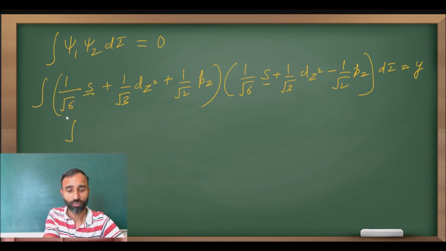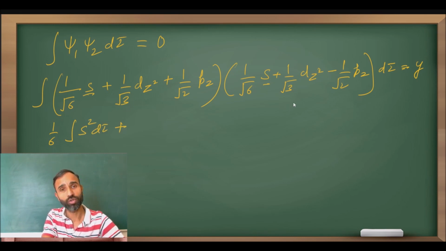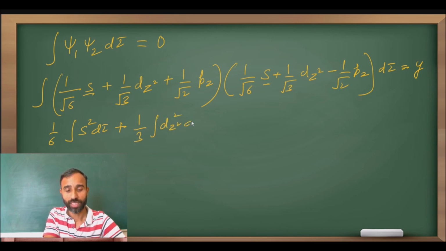So in the first, 1 by under root 6 s times 1 by under root 6 s, it comes out to be 1 by 6 s square d tau, plus 1 by under root 3 times 1 by under root 3, 1 by 3 dz square d tau, plus 1 by under root 2 times minus 1 by under root 2, minus 1 by 2 pz square d tau, equal to y.